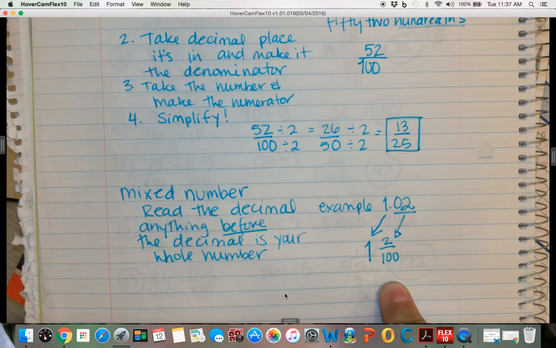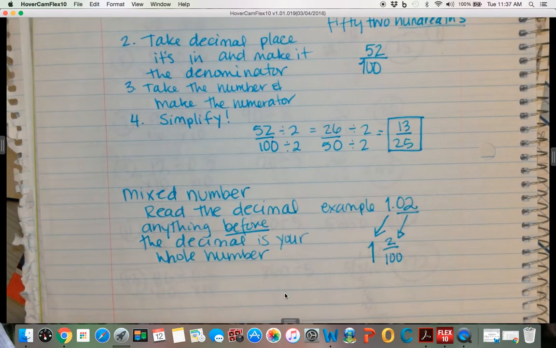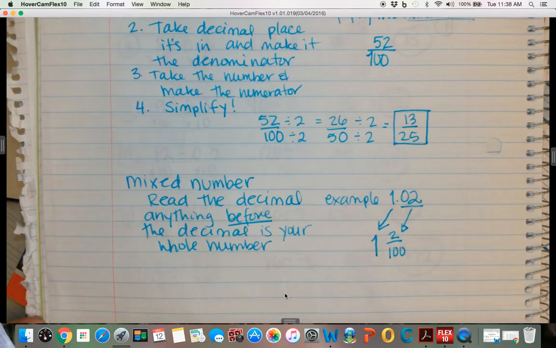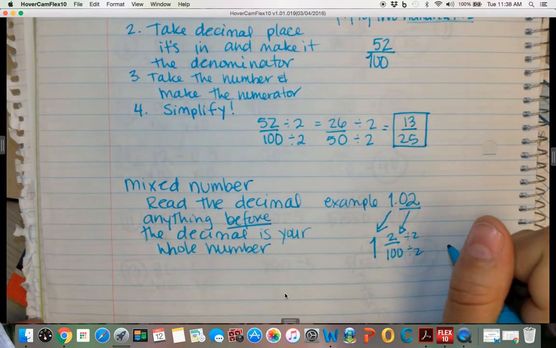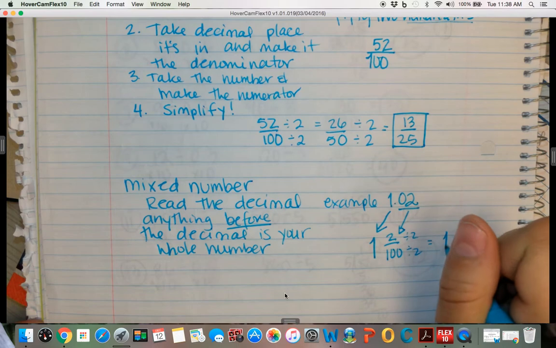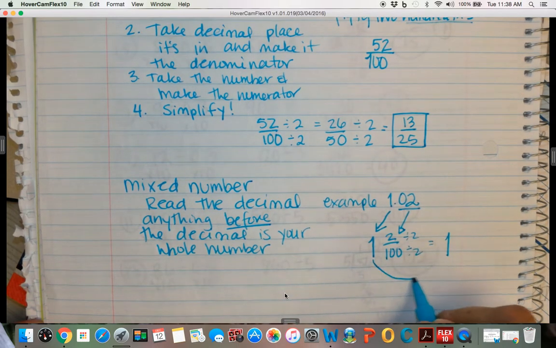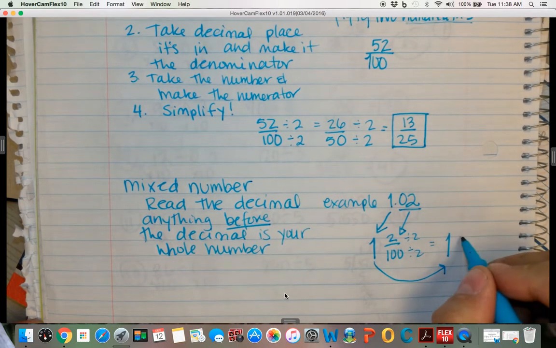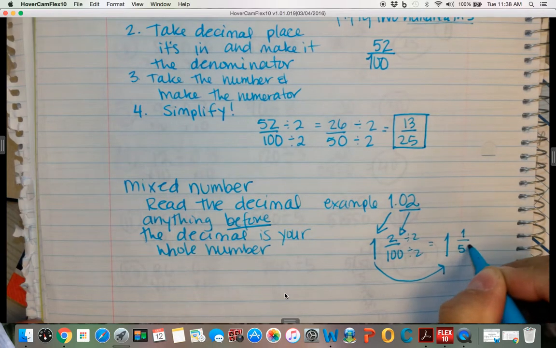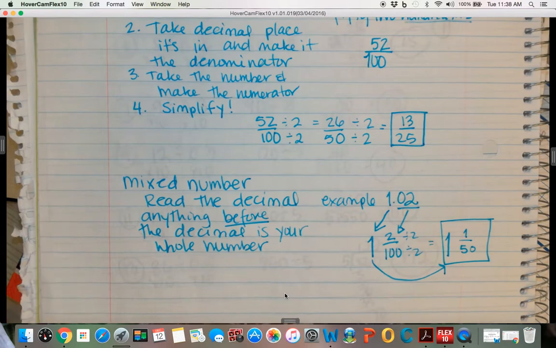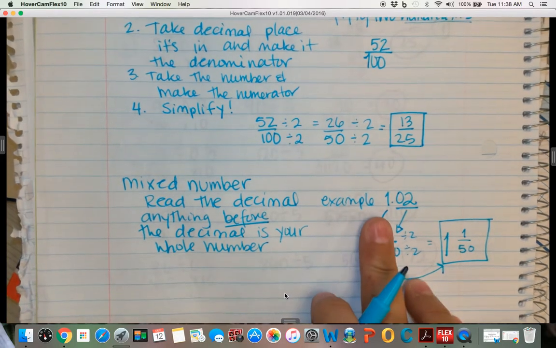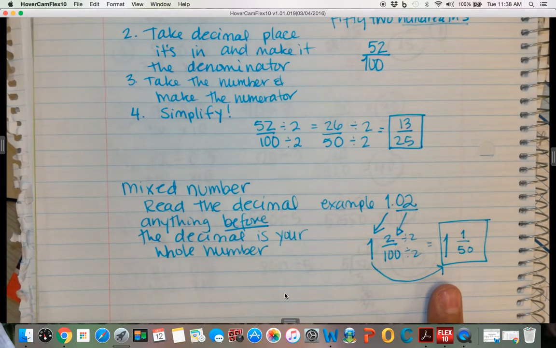I'm not done yet because 2 over 100 can be simplified. So that is divide by 2, divide by 2. My answer is going to be 1 whole, don't forget to move that whole over, and 1/50th. Often what I see students doing is forgetting that whole number when they're doing their fraction.